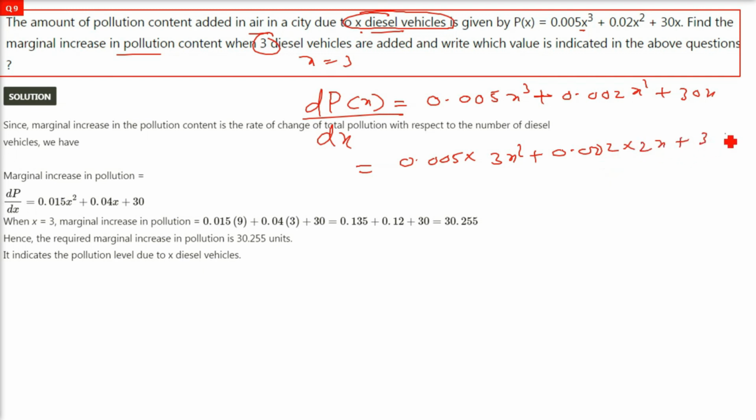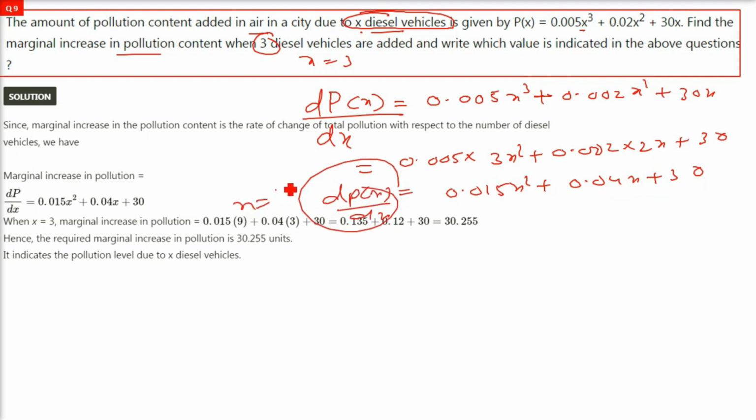Since x is already given in the question, x equals 3. 3 into 0.005 is 0.015. Put x as 3: 0.015 into 3 square, that is 9, plus 0.04 into 3 plus 30. So you will get 30.255.